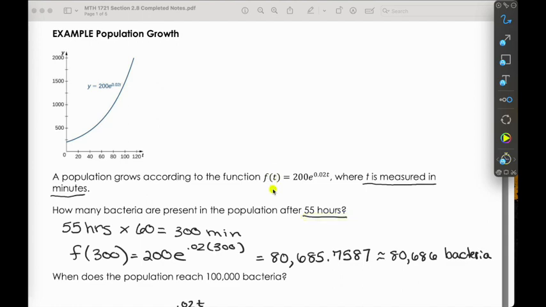So I need to change this 55 hours into minutes. I took 55 times 60 to get 3300 minutes. Now that is what I'm going to plug in for t. So I plug in 3300 for t here and here. When I work that out on my calculator, I get 8,685.7587 bacteria, and I rounded it to the nearest bacteria.